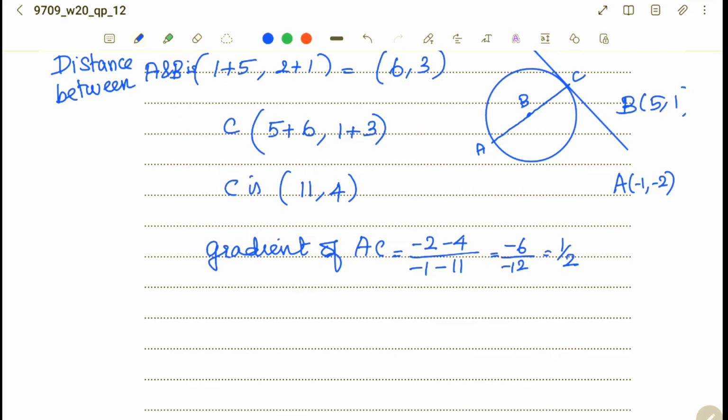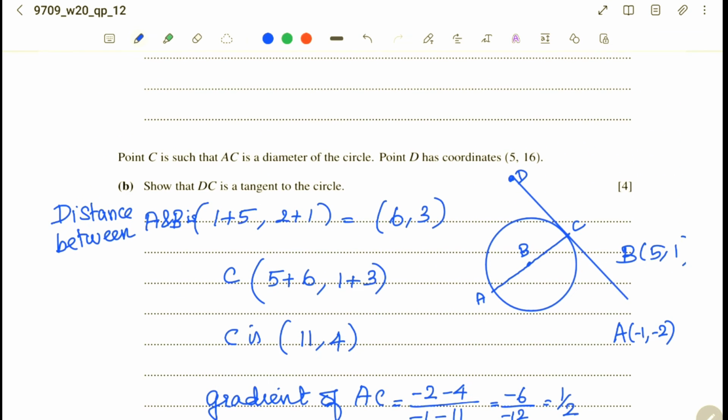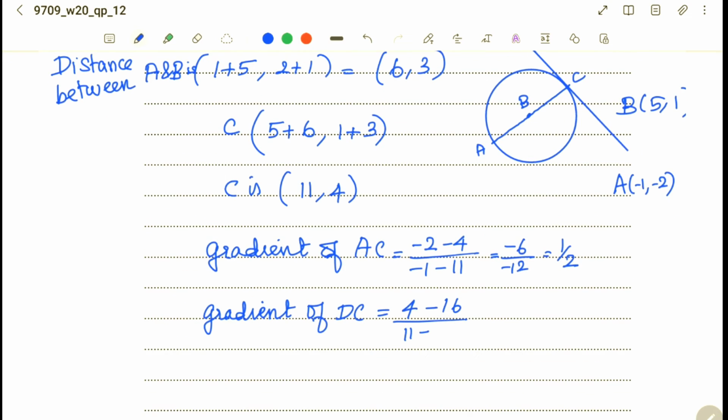So let's find out what is the gradient of DC. 4 minus 16 divided by 11 minus 5.